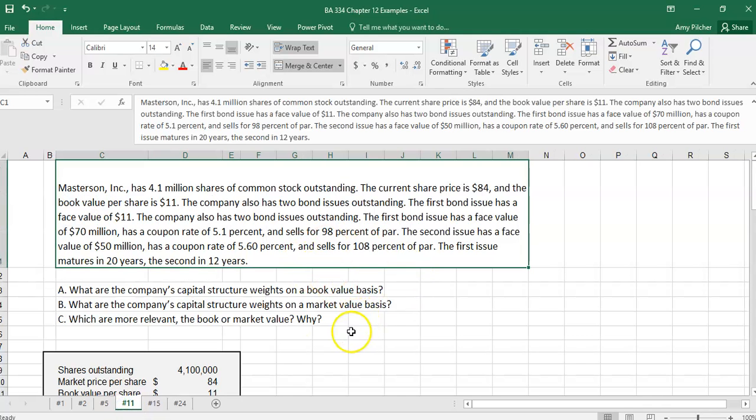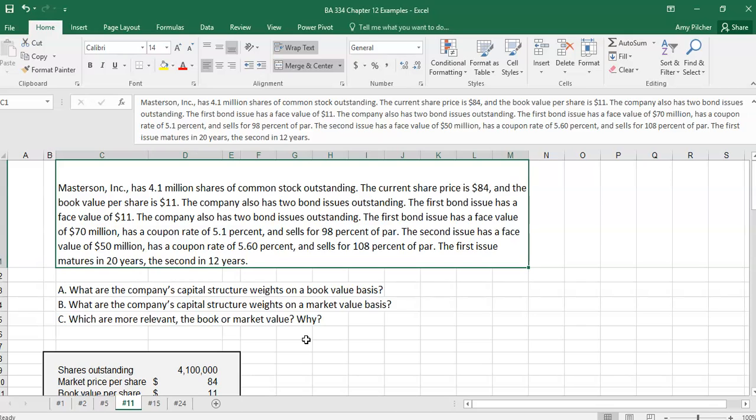In our next example, we are going to do the full weighted average cost of capital, or WACC calculation. So we need the different components. We need to figure out what the value of the equity is and the value of the debt to calculate how they are weighted in the company.